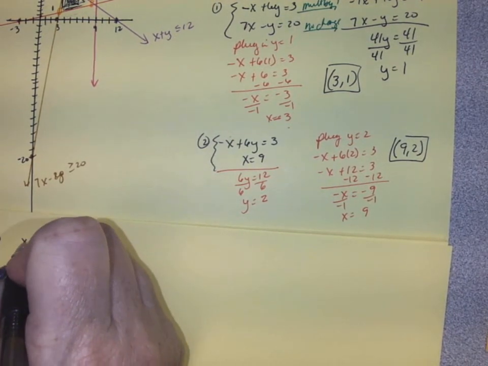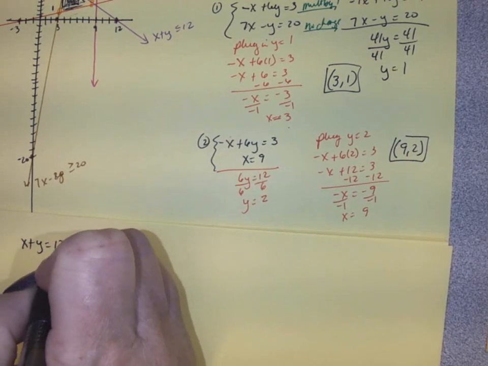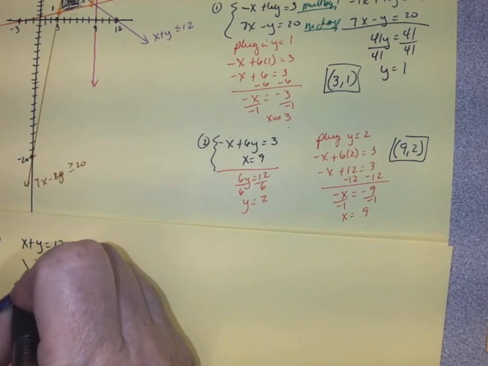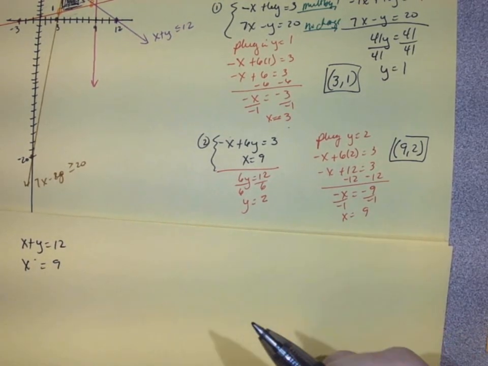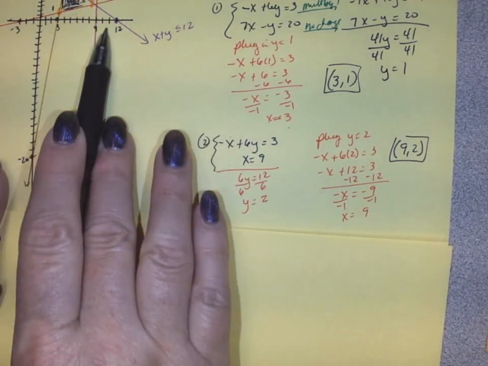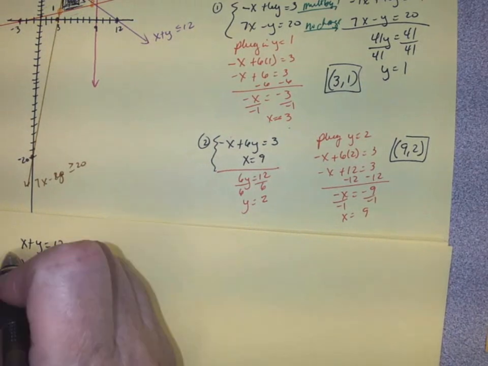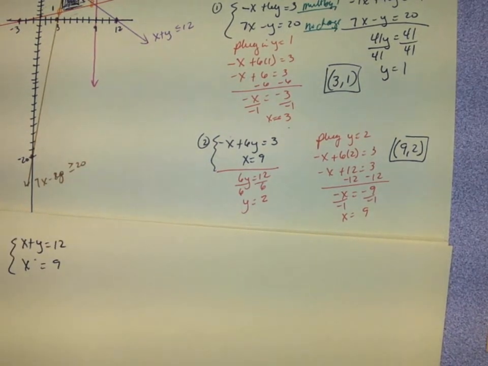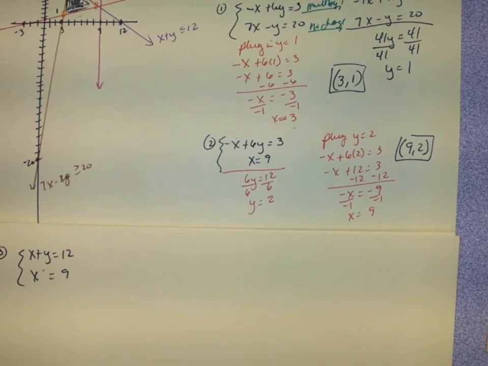So we'll do the x plus y equal to 12 and the x equal to 9. And you'll notice I'm setting these as equal to because we're trying to solve it where they intercept. So that's why we're not doing the inequalities in these. We're doing the systems of equations.